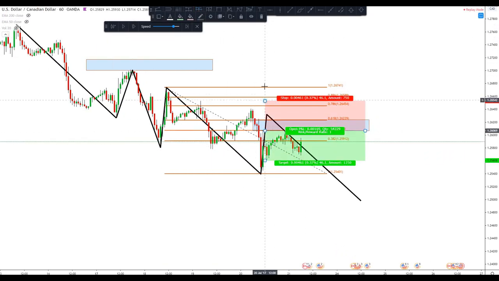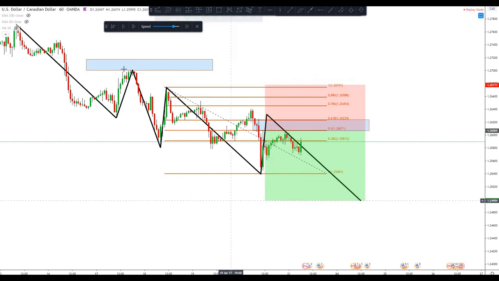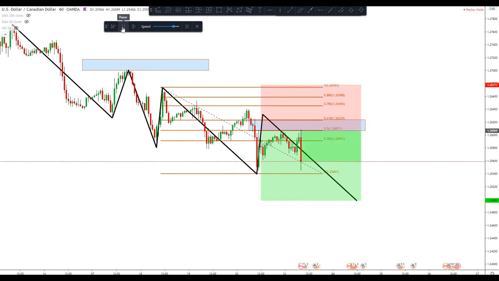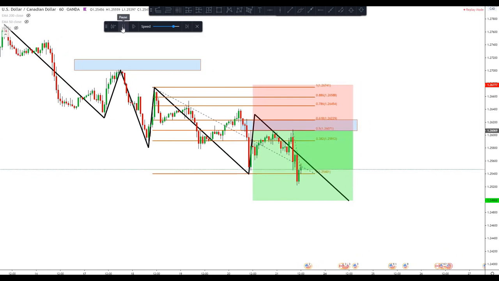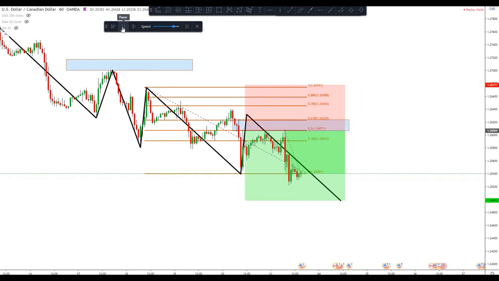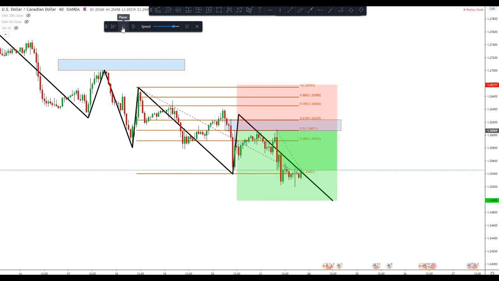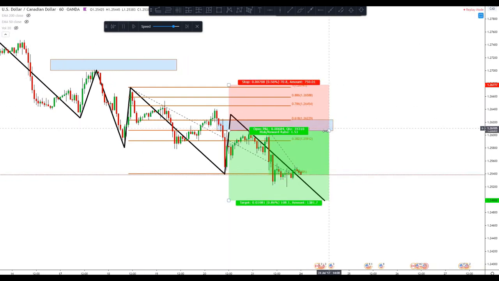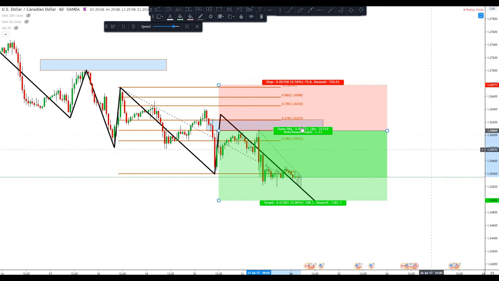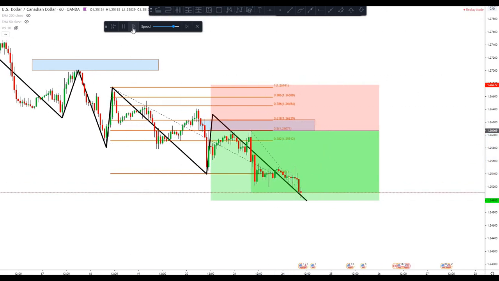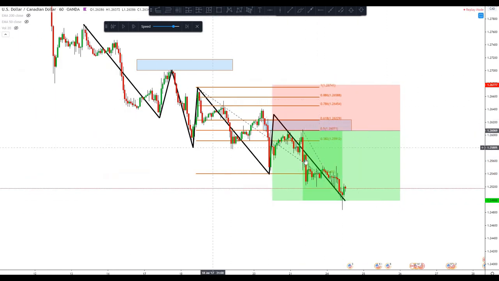Forgot to put the position here. Stop above the high, target the new low. We have now created the lower low, right? Part of our downtrend. Let's speed it up here, and there you go, target hit.